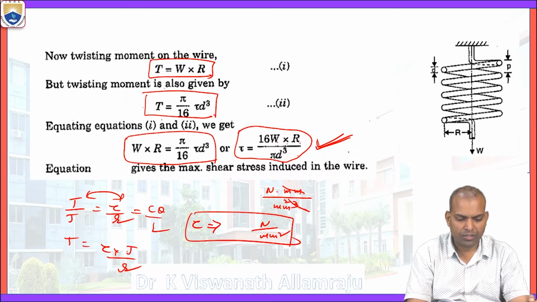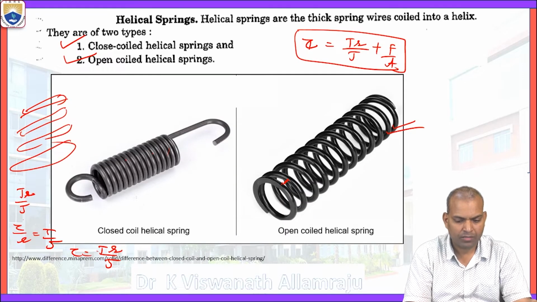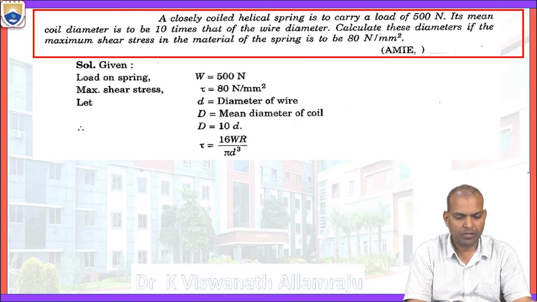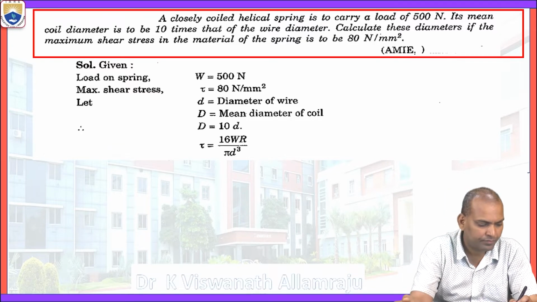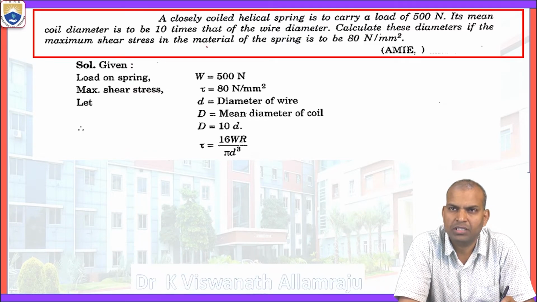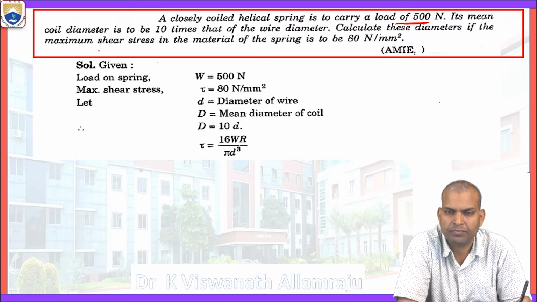Now here we consider only the closed coiled helical spring. Next, let us see how to apply these derived expressions in problem solving. Let us begin with this: a closely coiled helical spring is to carry a load of 500 newtons.